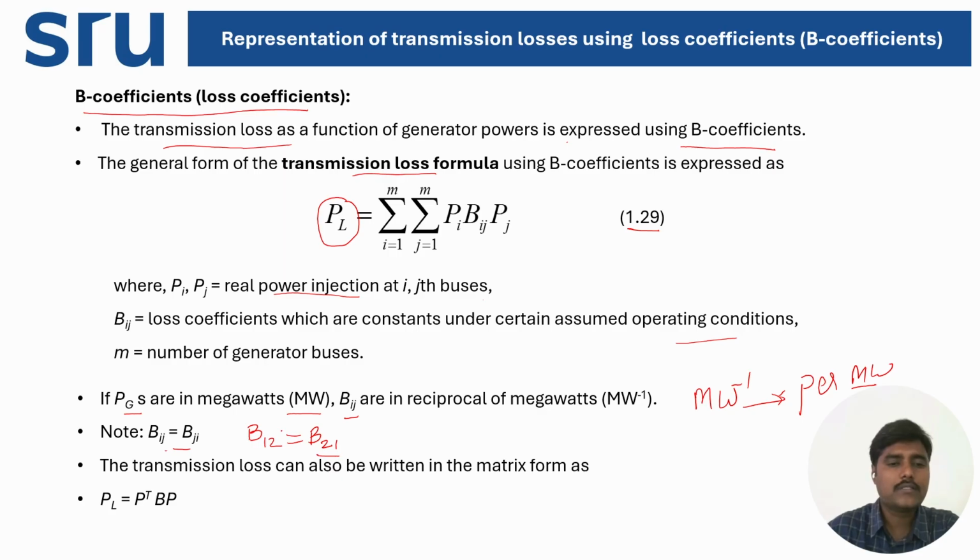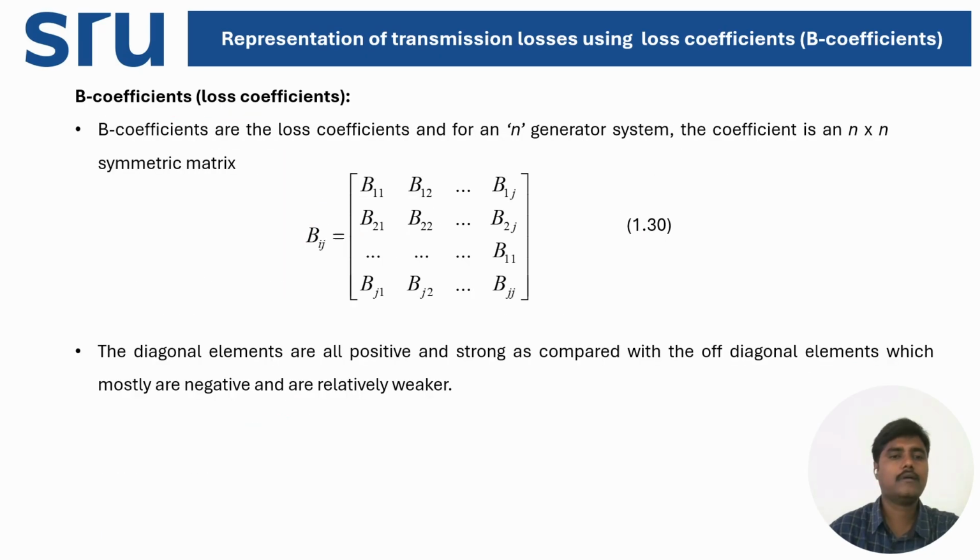The transmission loss can also be expressed in matrix form. Here you can see PL, the transmission power loss, is equal to P transpose into B into P, where P is the power vector, T represents transpose, B is the loss coefficient matrix, and P is again the power.